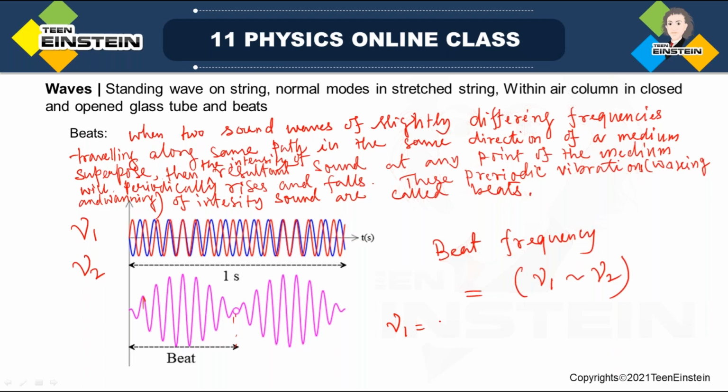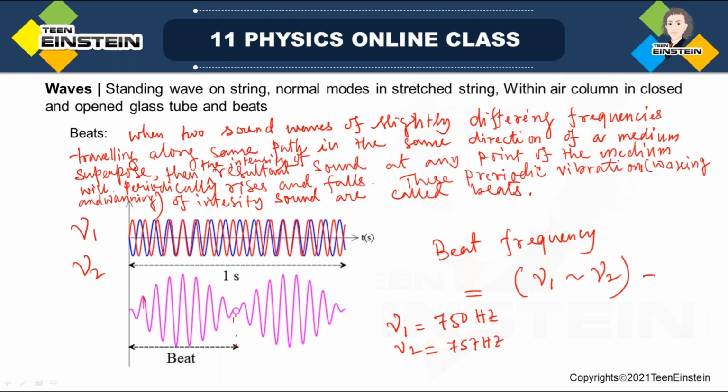Okay, if I take an example, suppose nu 1 is 750 hertz and nu 2 is, it should be nearly, so suppose 757 hertz.